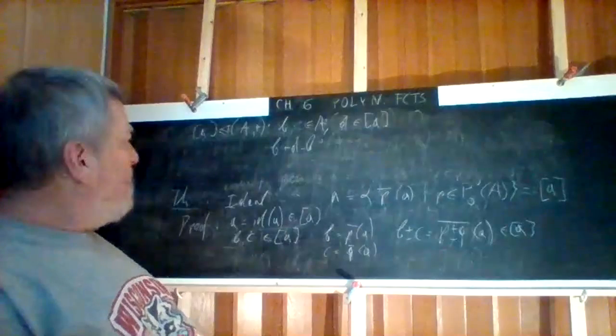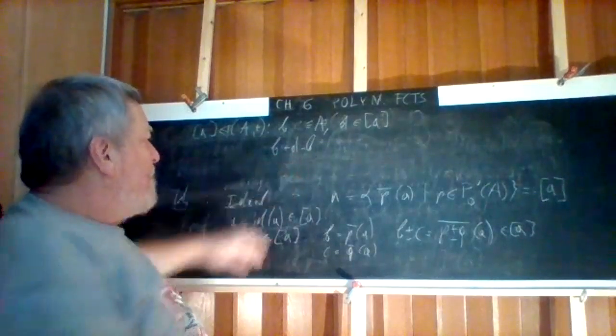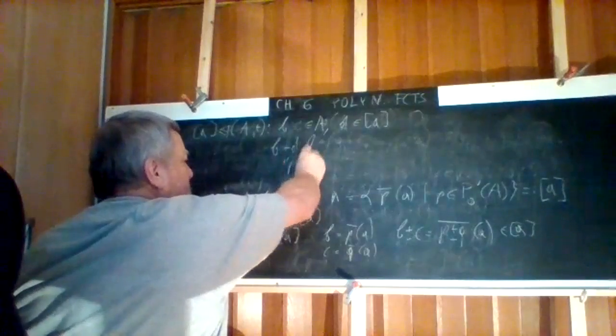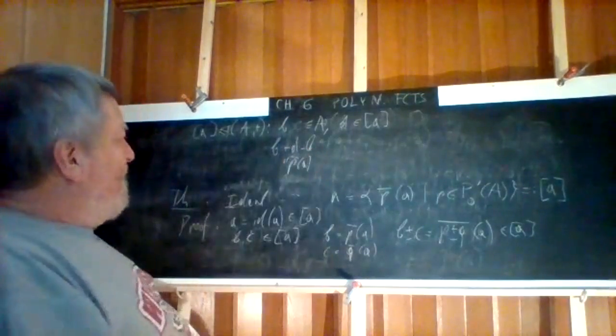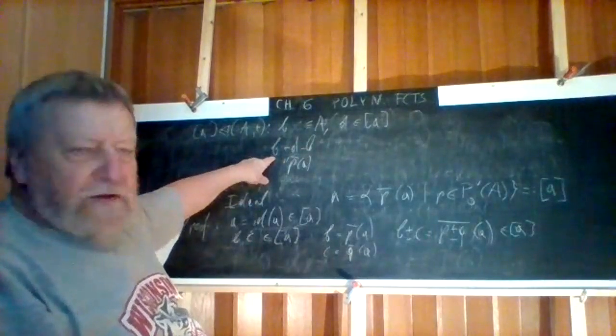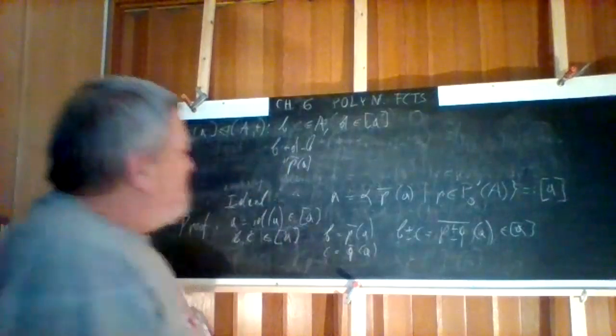Now, here D will be some P of A, or P bar of A, and these elements here can be considered to be constants. So they are constant polynomial functions.